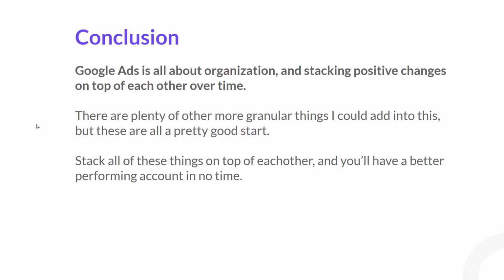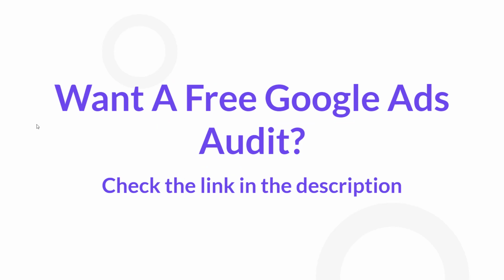There are plenty of other, more granular things I could add, but these are, like I mentioned at the beginning of the video, a good start. They're the bigger levers you can pull to actually start to make some changes. And if you stack all these things on top of each other, you'll have a much better performing account in no time.